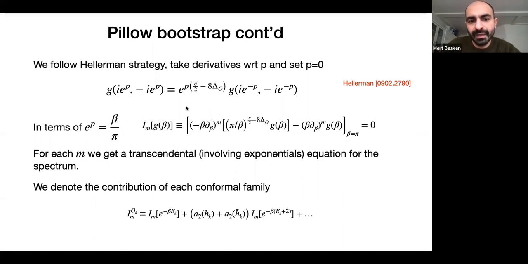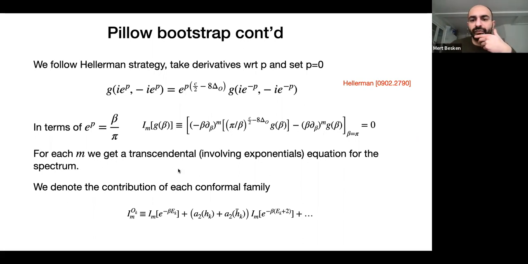So basically, this is the left-hand side. This is the right-hand side. Then this is the left-hand side. And basically, I'm just differentiating with P and setting P to 0. And this is the equation that a correlator has to satisfy. That is the crossing relation.